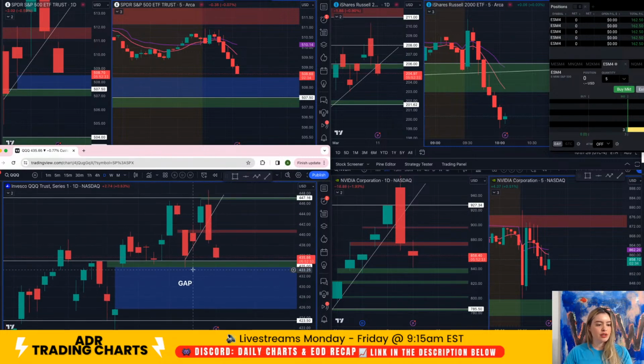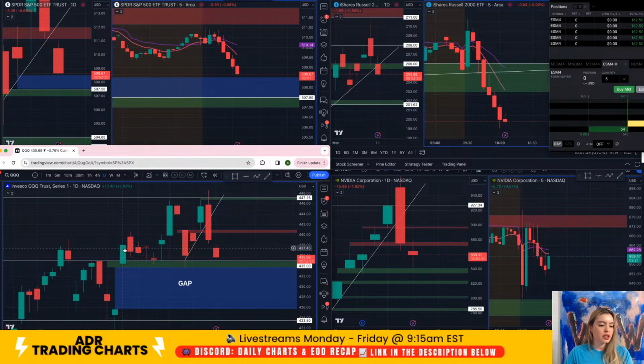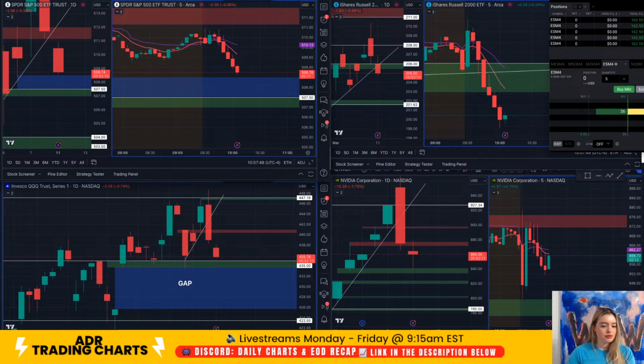You have a huge range here that the Q has been moving in for like two weeks and a half. From the 22nd of last month, it's been moving between the all-time high and 434. So no clear direction on the Q.